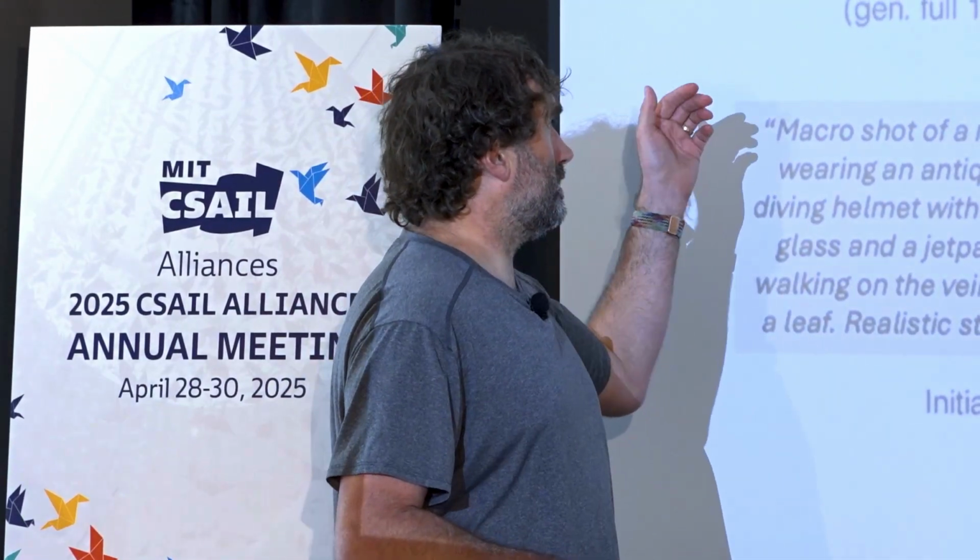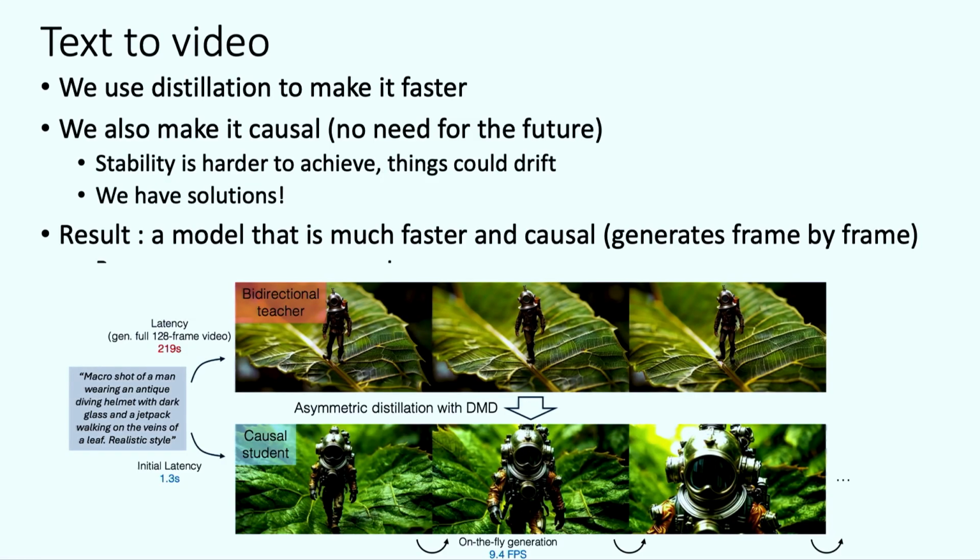And so, if you look at the teacher model that we start with, you won't get to see anything before 219 seconds. With our model, after 1.3 seconds, we can start showing the video, and we can generate it at 9 frames per second. It's not a very high resolution, but still good enough to see what you're doing.